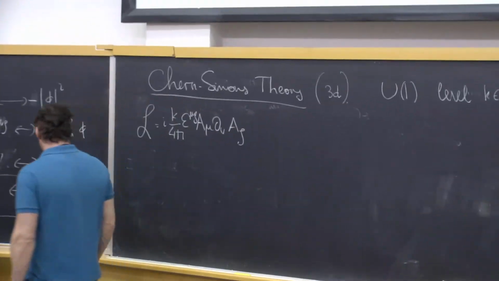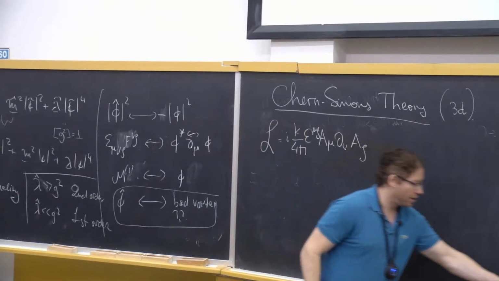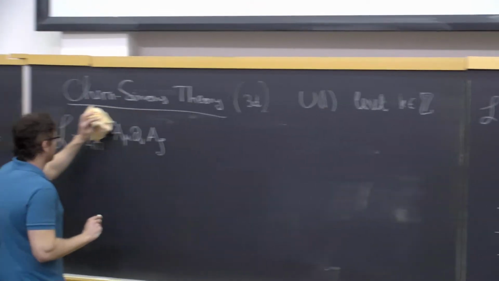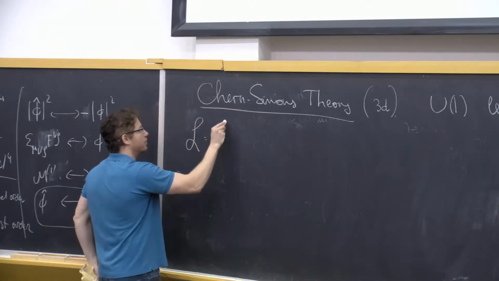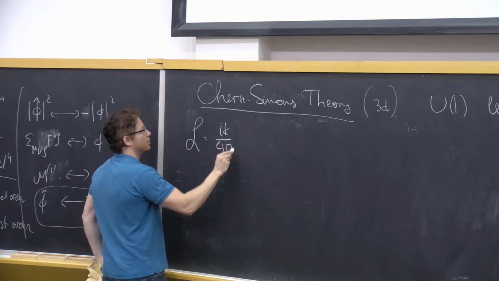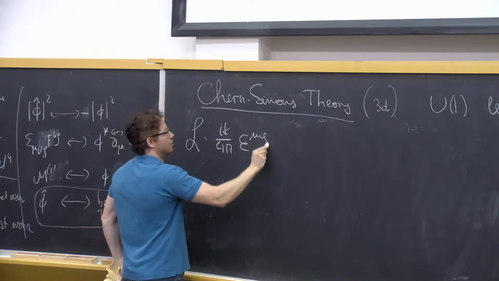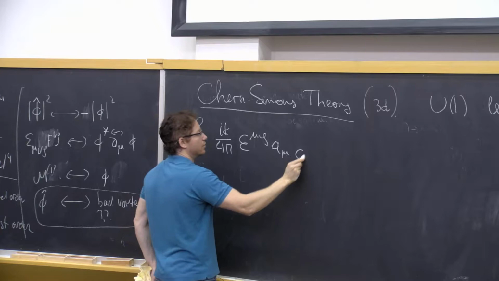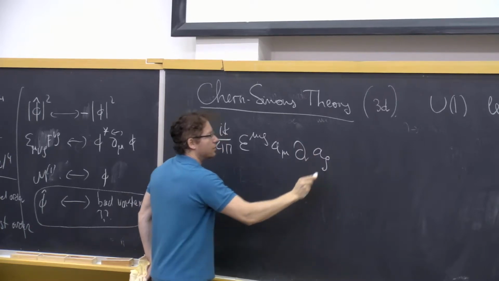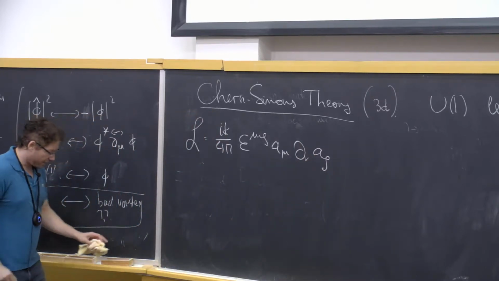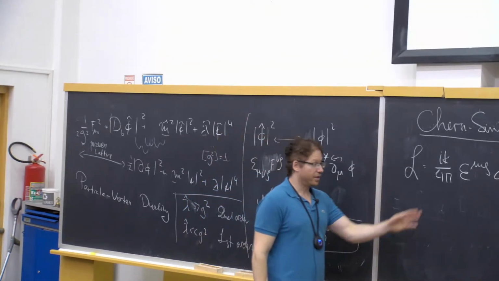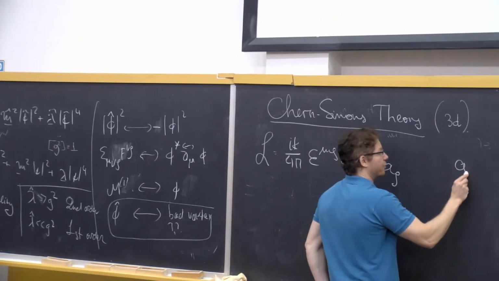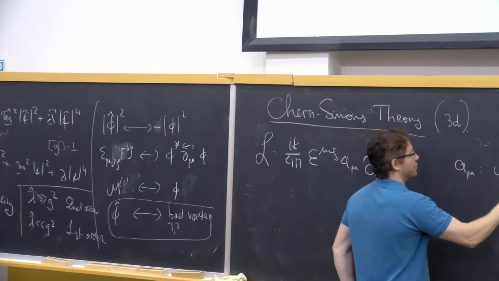Let me just, I'm sorry, I want to use lowercase notation for gauge fields as I've been doing before. So I'm using lowercase notation for gauge fields which are dynamical. Dynamical gauge fields like a will be lowercase. So a_mu is a U(1) gauge field.